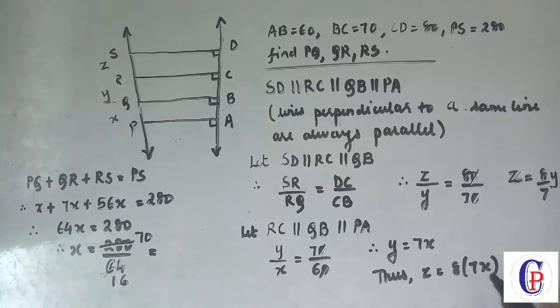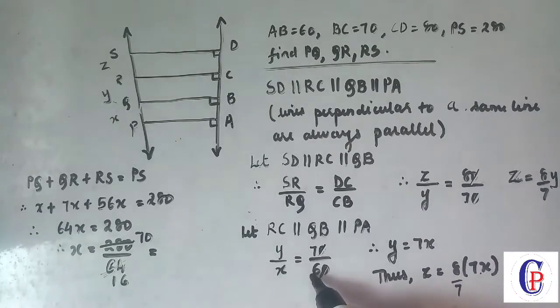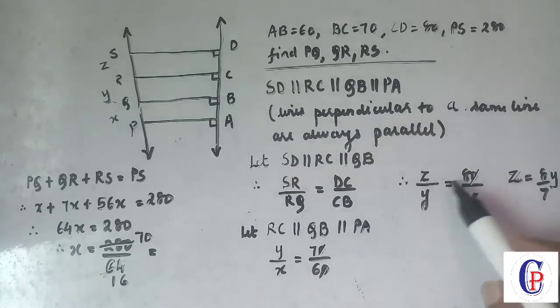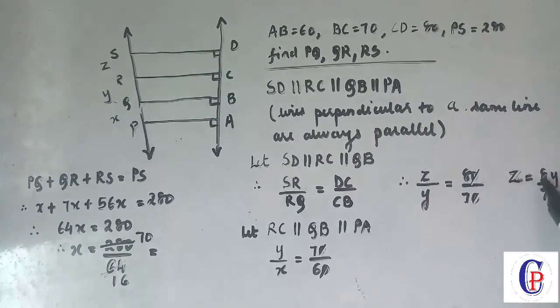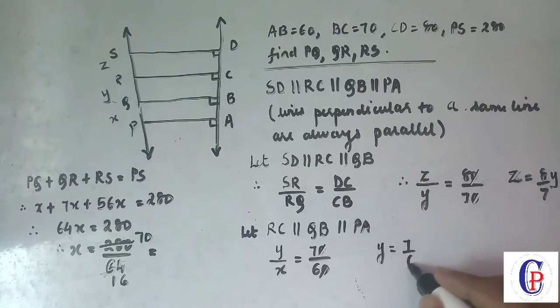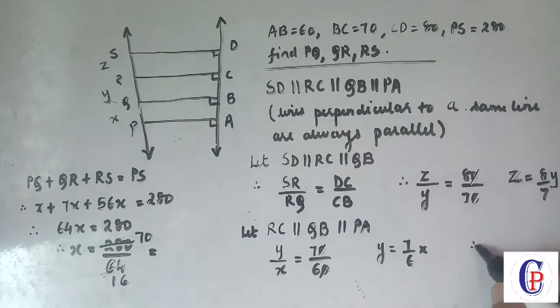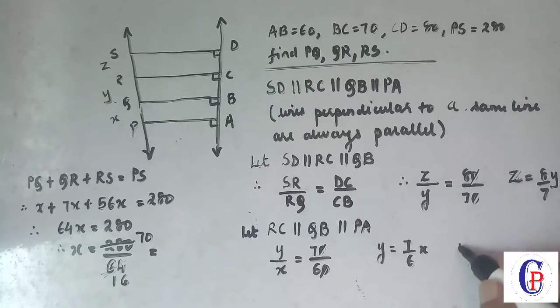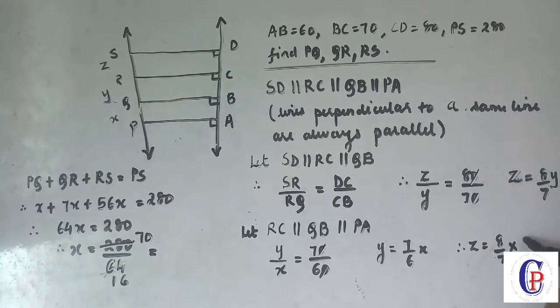Even here I didn't write the 6. Y is 7 upon 6X, so Z becomes 8 upon 7 into 7 upon 6X, because Y is 7 upon 6X. In place of Y I put this. So Z is 8 upon 6X.